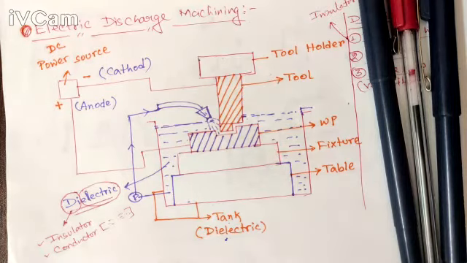Then we also discussed the working principle, or the mechanism of material removal. Day before yesterday, some students raised questions and had some doubts. So I will discuss the complete procedure I left in between once again, and then we will start learning about different process parameters and their ranges.